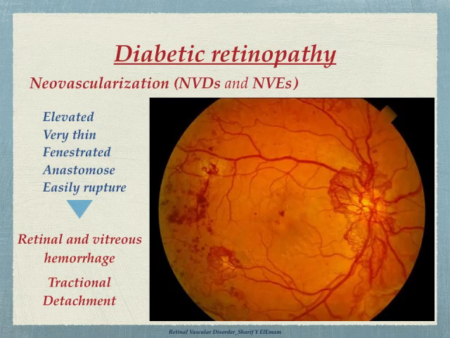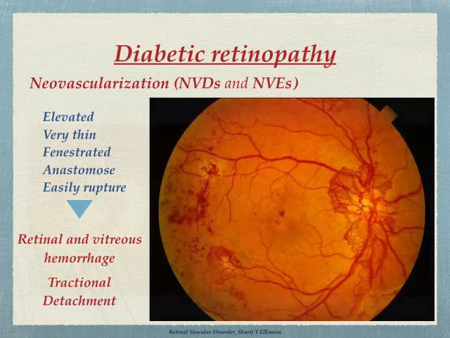These are fine arborizing or branching vessels that can cover the optic disc. This is called NVDs, and they can also be seen temporal to the macula, and these are called NVEs. They are elevated, they are very thin, they are fenestrated, they anastomose or arborize, and they can easily rupture, leading to retinal and vitreous hemorrhage, tractional detachment in late stages.